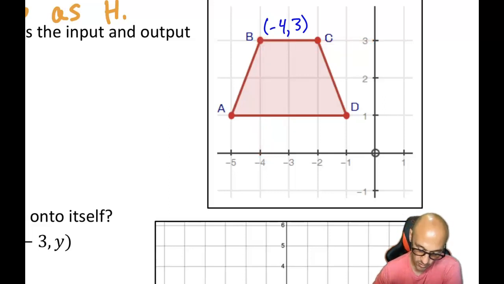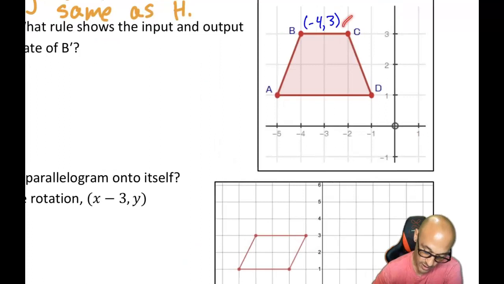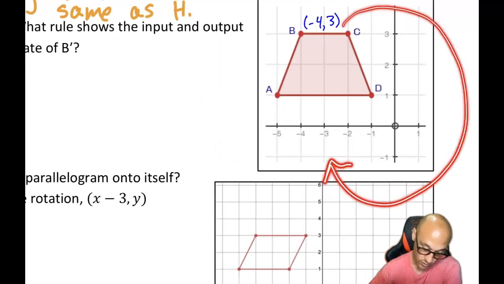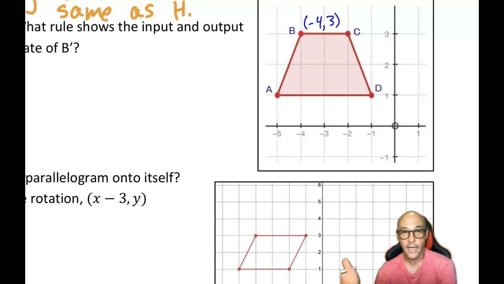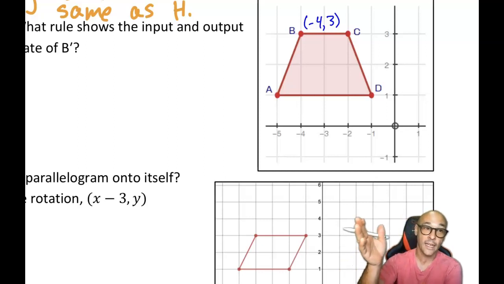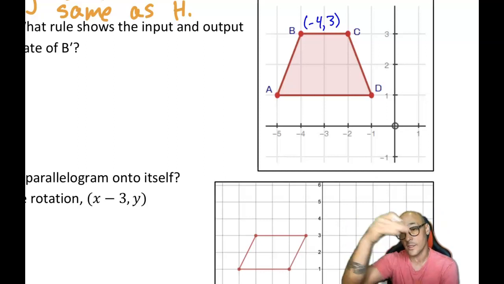The next thing, notice that if we go 270 degrees clockwise, it's going this way 270 degrees. All right, so that's really the same as -90 degrees. And what happens when we do a 90 counterclockwise, or 270 clockwise?